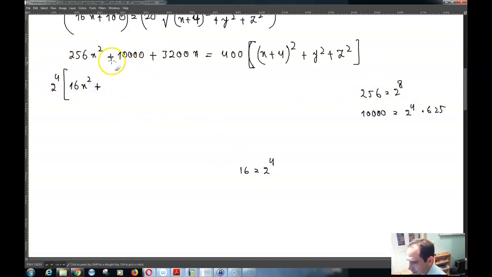Now 10,000 divided by 2 raised to the power 4 is 625. And 3,200 divided by 2 raised to the power 4: 3,200 divided by 2, you will get 1,600, divided by 2, you'll get 800, divided by 2, you'll get 400, divided by 2, you'll get 200.